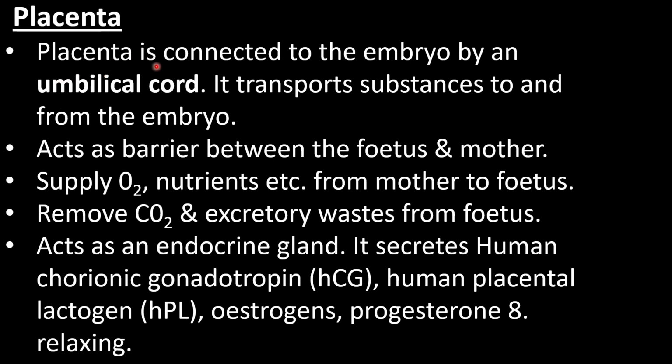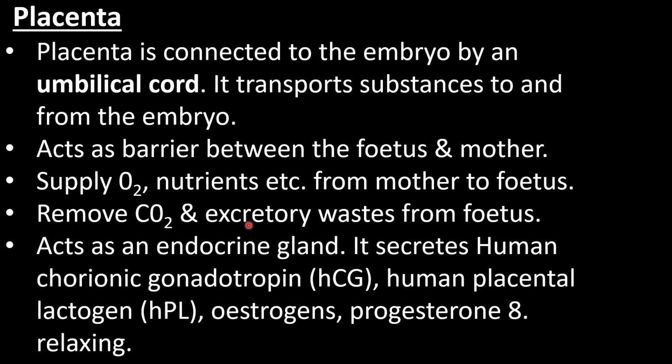Placenta is connected to the embryo by an umbilical cord. It transports substances to and from the embryo. It acts as a barrier between the fetus and the mother. It supplies oxygen, nutrients, etc. from mother to the fetus.